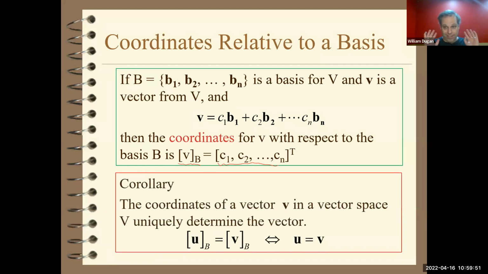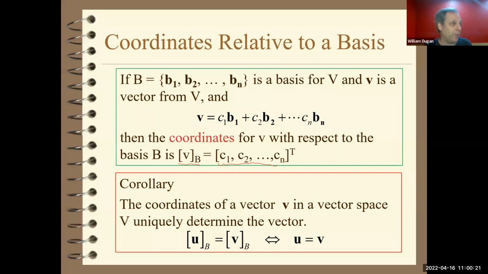But one nice thing we get is that also from the previous theorem, remember that relative to a basis, the coordinates are unique. That means that if you have two vectors in V and find their coordinates, if the vectors are equal, the coordinates are equal. Also, if you have two vectors in V and their coordinates relative to a basis are equal, then the vectors must be equal.